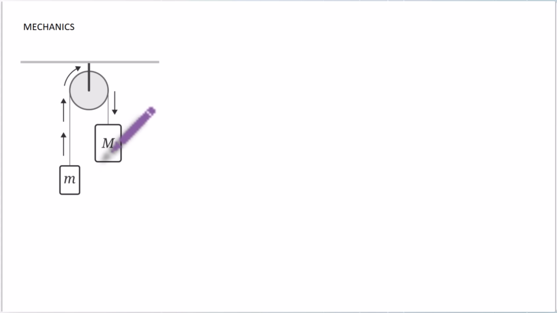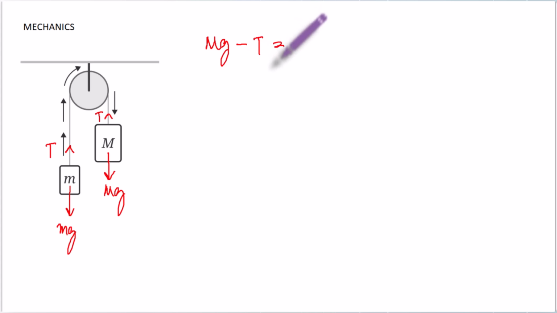So what happens is since it accelerates downward, the weight Mg is greater than this tension T. And since this accelerates upward, its weight, small mg, is smaller than the tension. So for the larger mass, since Mg is greater, Mg minus T equals Ma.